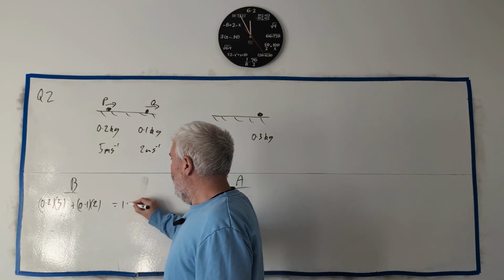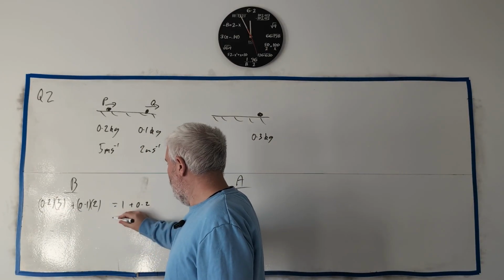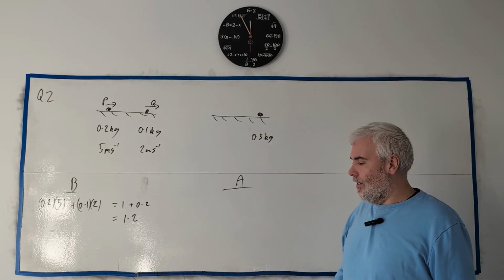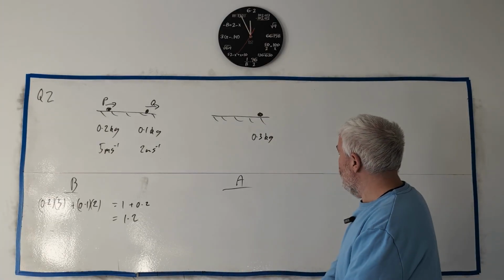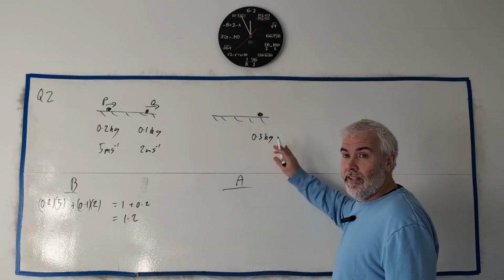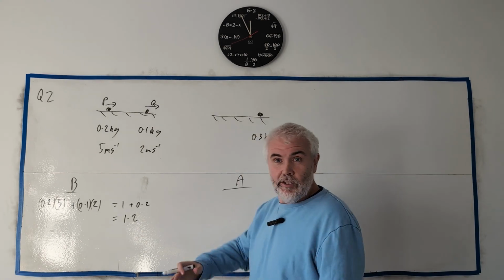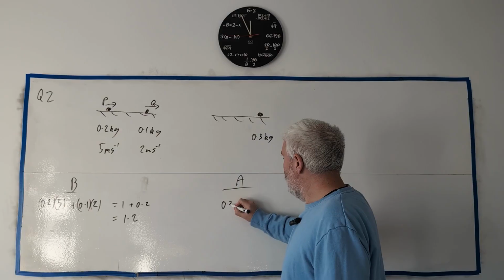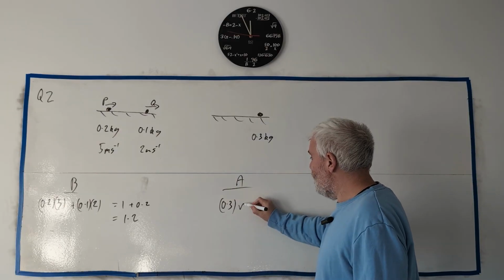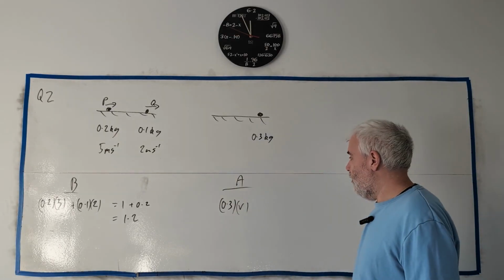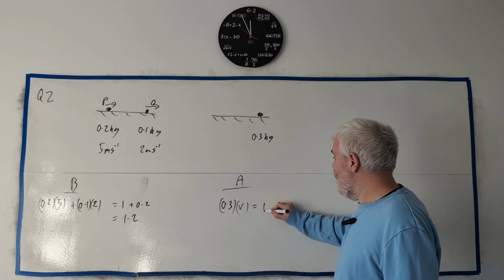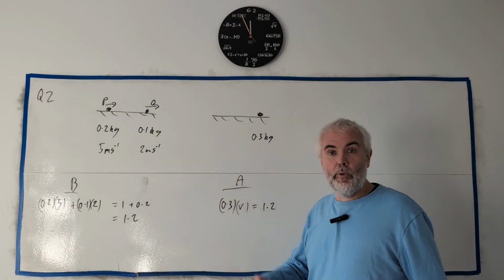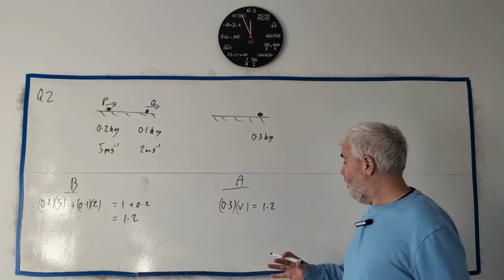This is 1 plus 0.2, which is equal to 1.2. That's the total momentum in the system. Now, after the collision, we don't know the speed, except we know the answer is this, because there's conservation of momentum. So after we have a 0.3 mass multiplied by some speed v, and this is equal to 1.2. So with conservation of momentum, we can actually solve this speed.